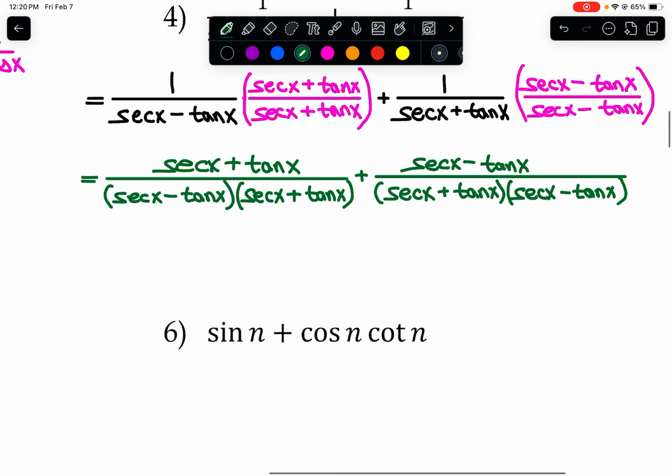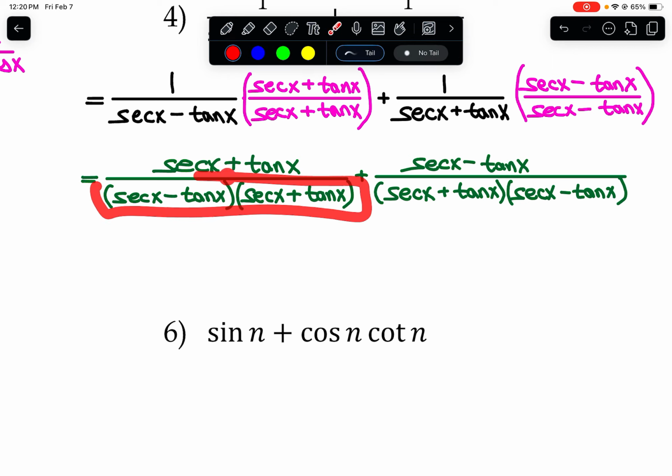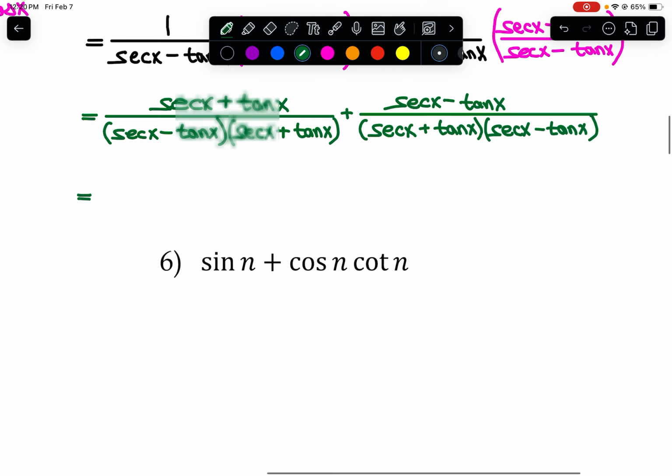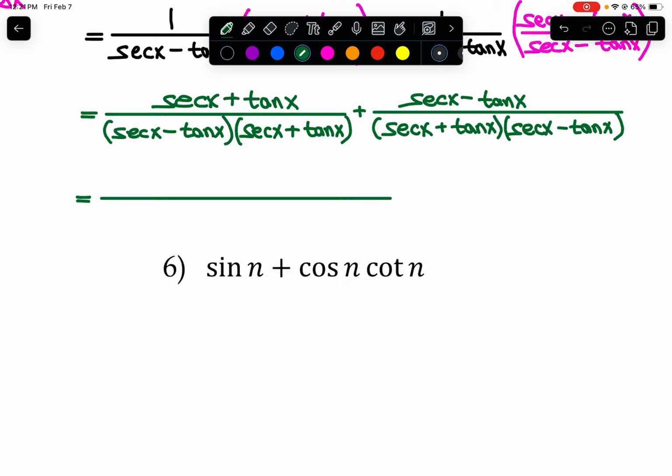All right, so the next step, now that we have a common denominator in both, I'm going to combine the numerators. I know I can do multiple steps in one, but with identities, since we're still starting out, I want to do this one step at a time.